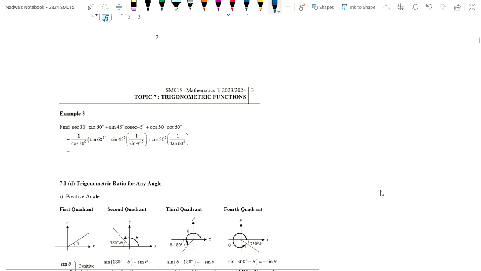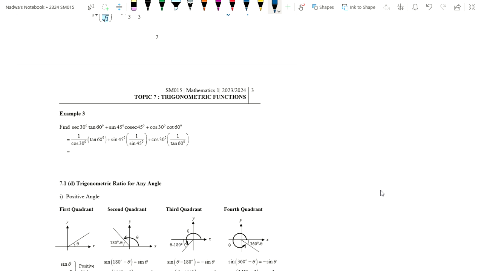Now, for example 3, we can do sec 30 degree tan 60 sin 45 cos sec 45 cos 30 cos 60. Yes, if you use a ClassWiz, your calculator will give an accurate answer, but if you have the black calculator, it cannot give you the exact answer because it cannot give the answer in surd form.